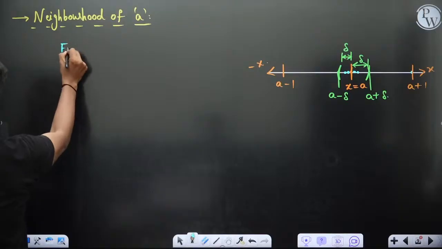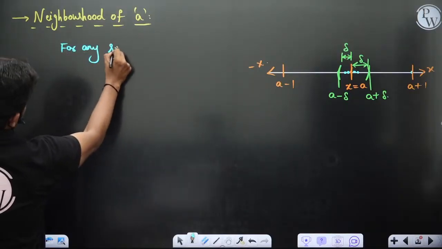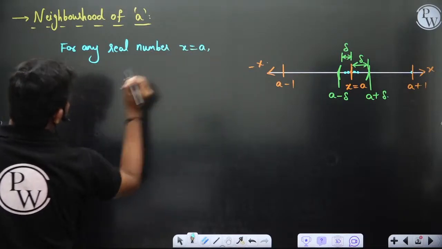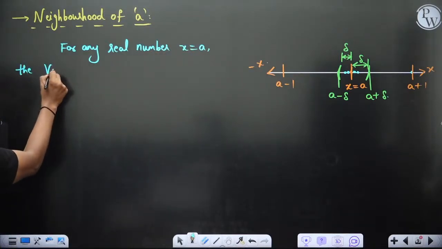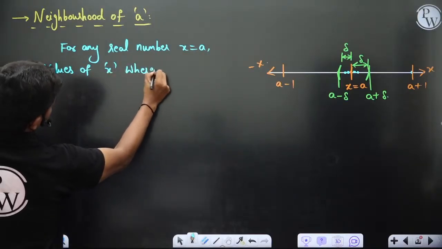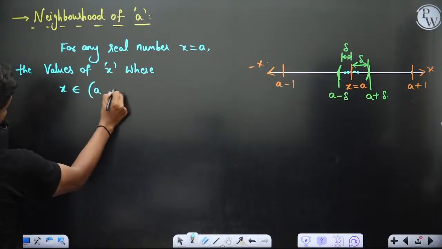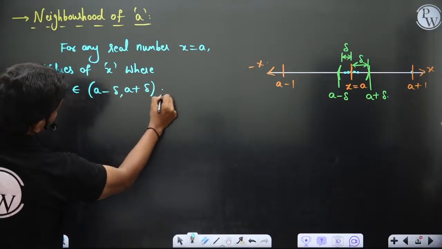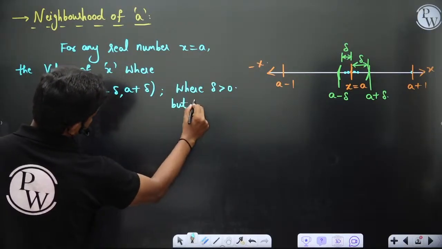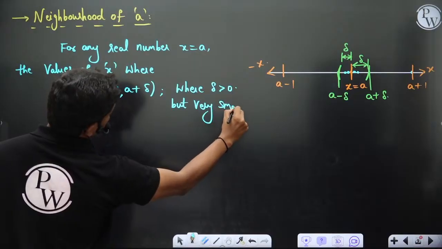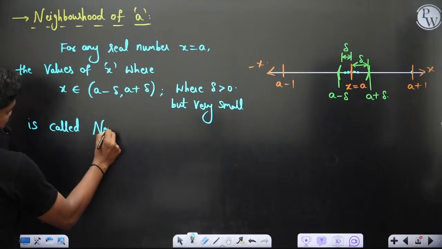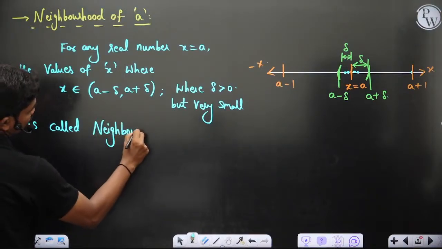Now let's see the neighborhood of a for any real number x is equal to a. The values of x where x belongs to a minus delta comma a plus delta, where delta is positive but very small, is called the neighborhood of a.